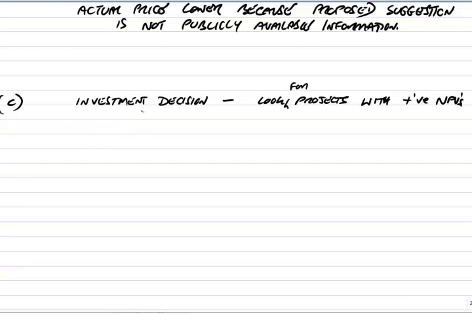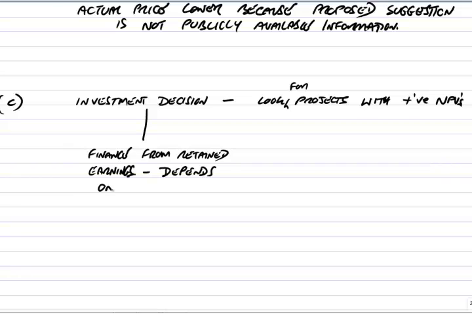One place it can come from is from dividends. You can finance from retained earnings, and the amount of retained earnings depends on the dividend policy. And the company really has two choices.